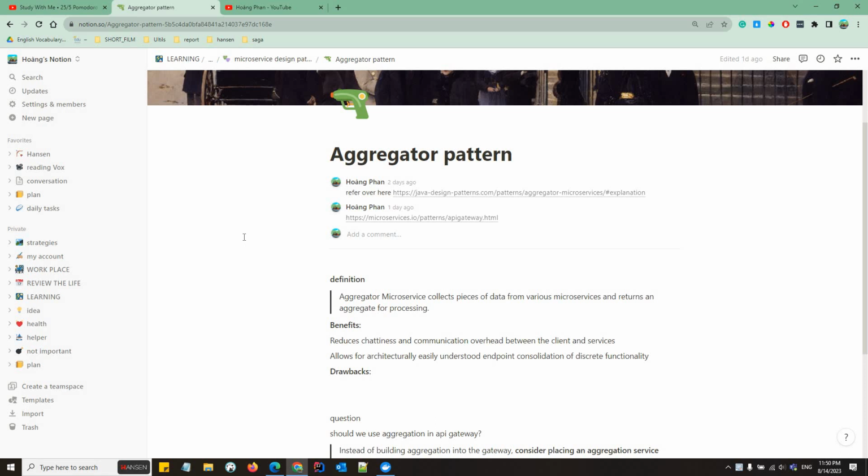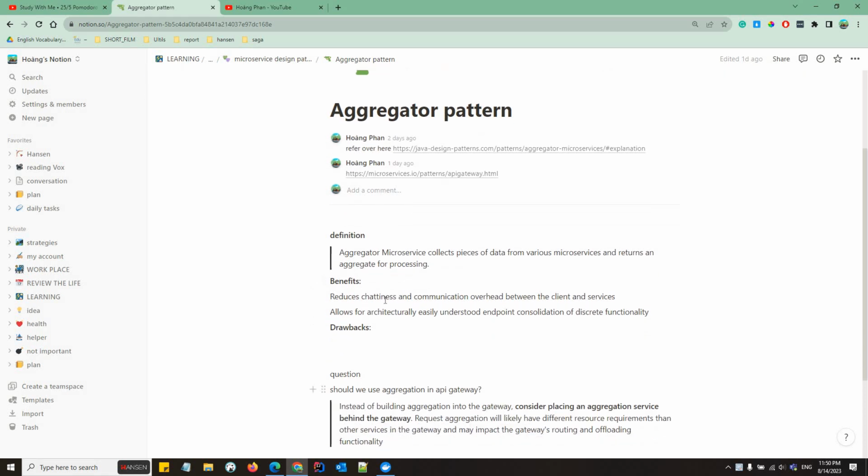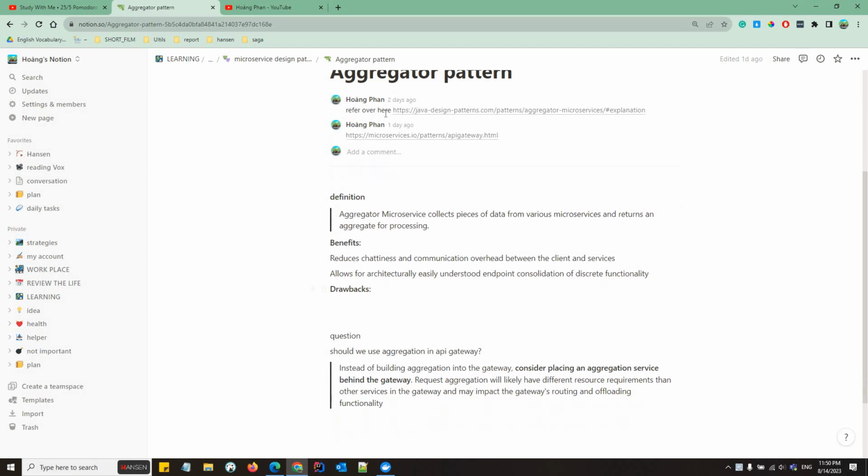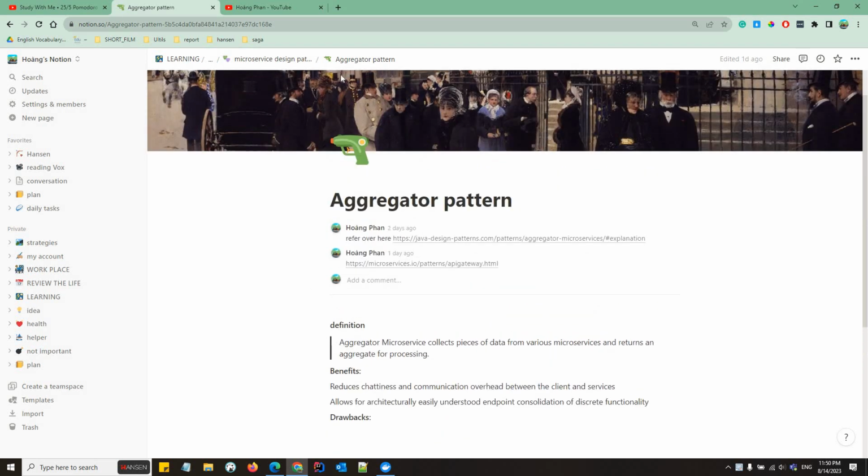And yeah, that's it. The benefit is it reduces the chattiness and communication overhead between the client and services, and it is easy to understand the architecture and functionality. Yeah, that is the aggregator pattern.